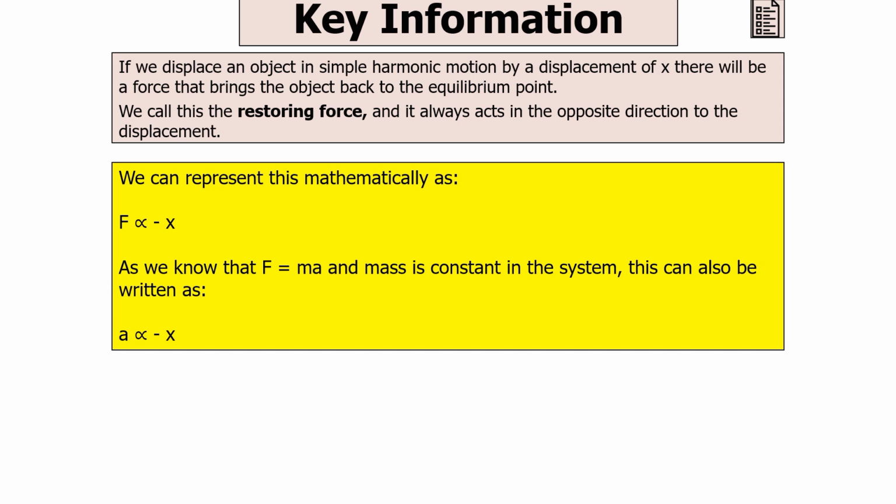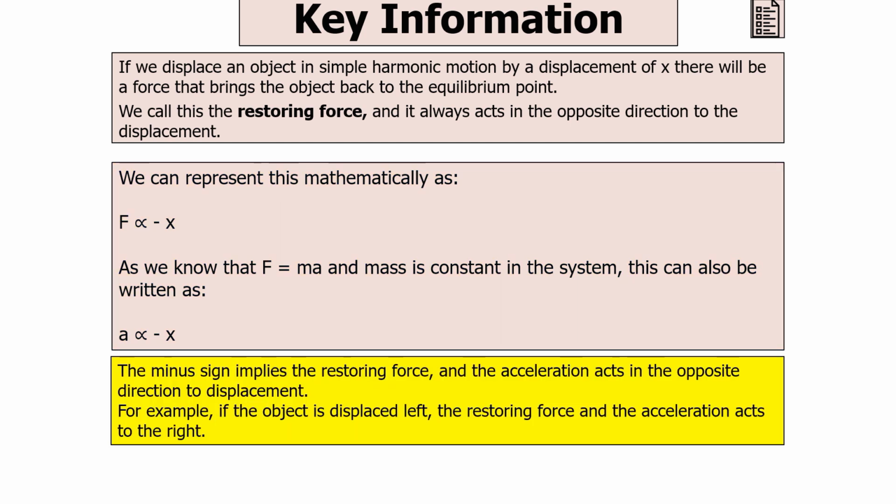Now, as we know, F = ma and the mass is constant in this system. Therefore this can also be written as a is directly proportional to -x. Now the minus sign implies that the restoring force and the acceleration act in the opposite direction to displacement. So for example, if the object is displaced left, the restoring force and the acceleration act to the right.